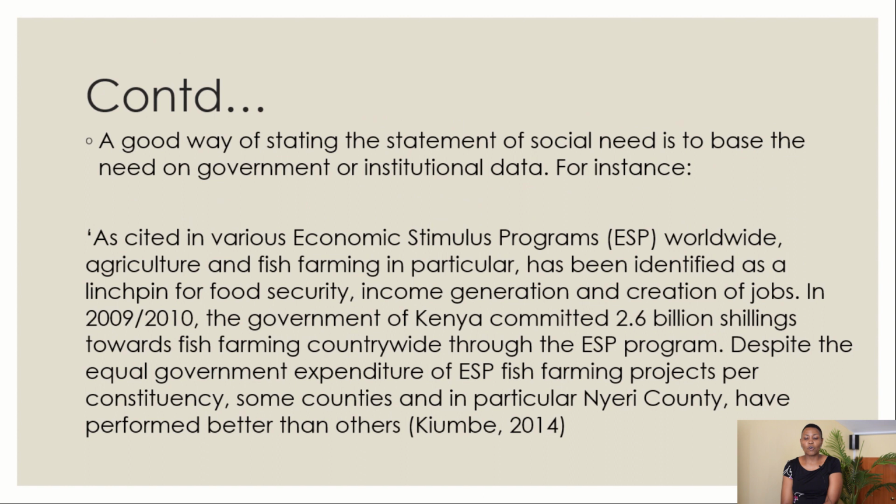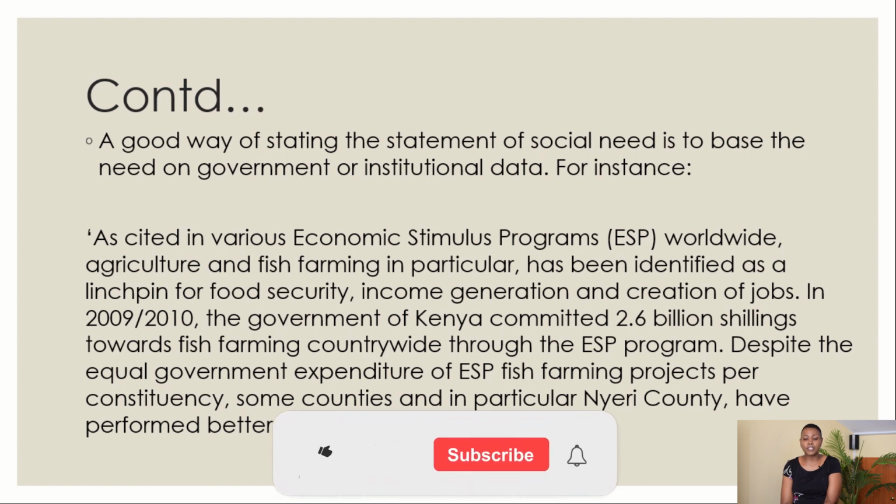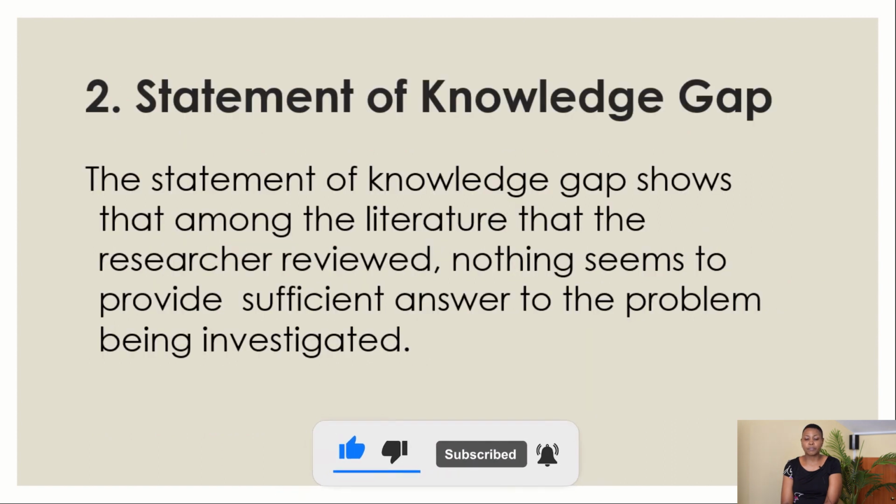A good way of stating the statement of social need is to base the need on government or institutional data. For instance, when you read this paragraph, the investigator is anchoring the statement of need on what the government intended as they implemented economic stimulus programs.